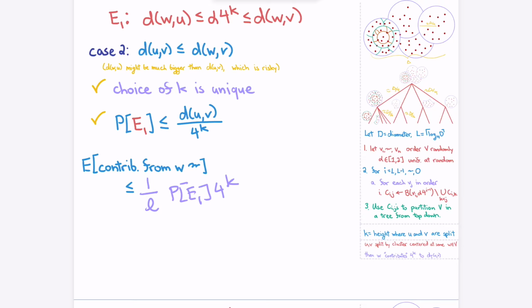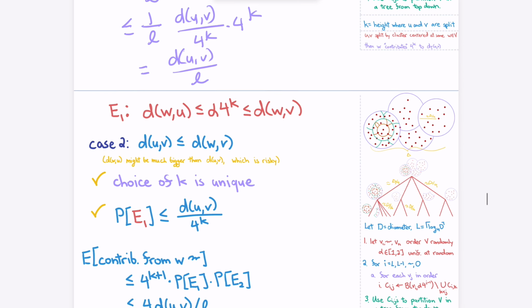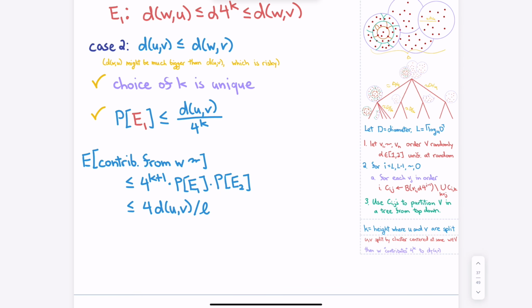E1 is the radius falling just right. And here we get to offset the 4 to the k's. This is less than or equal to, and you finally get the distance divided by L. We put all that together, and that's where you get your expected stretch of log n for any particular pair.